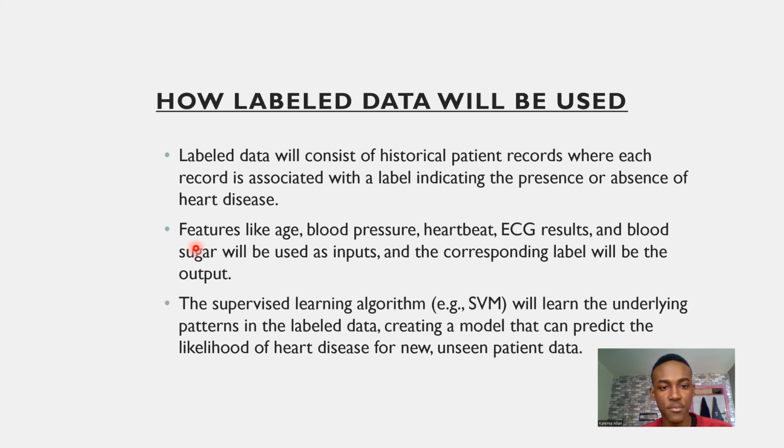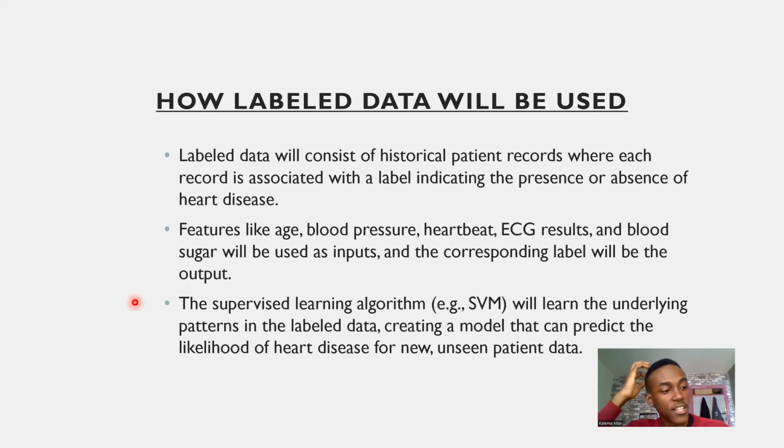Now, how will labeled data be used? Labeled data will consist of historical patients' records, where each record is associated with a label indicating the presence or absence of heart disease. Features like age, blood pressure, heart rate, ECG results, and blood sugar will be used as inputs, and the corresponding label will be the output.